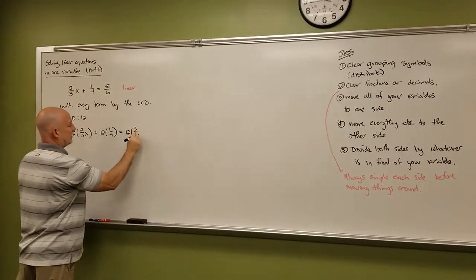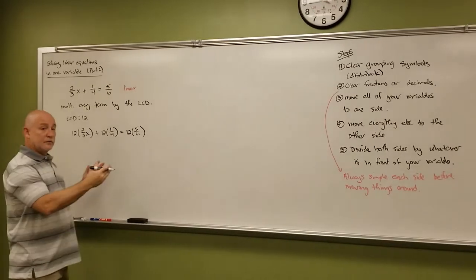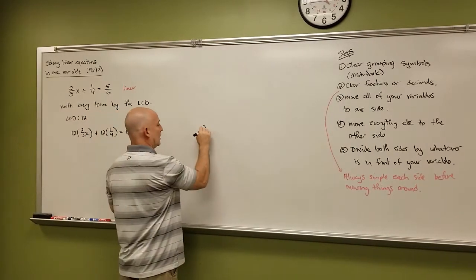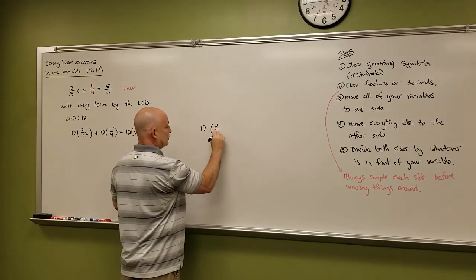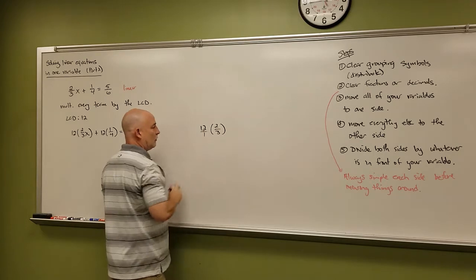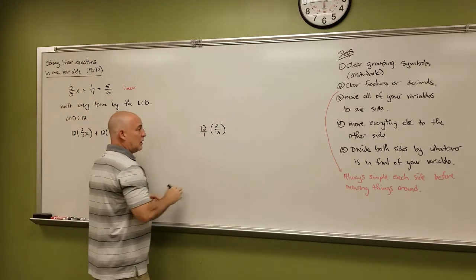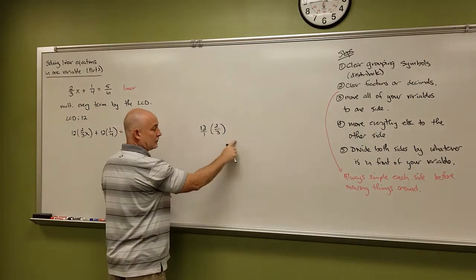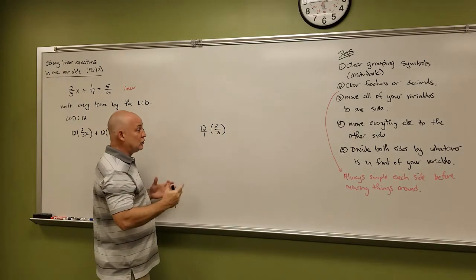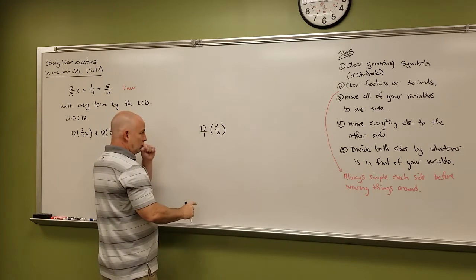12 times 5/6. Now the reason this works, let's go over to the side and do some arithmetic real quick. We have 12 times 2/3 as our first one. Now remember, you can always write a whole number as a fraction by putting it over 1. We could go ahead and just multiply straight across the top and straight across the bottom, but we do want to simplify first when we're multiplying.